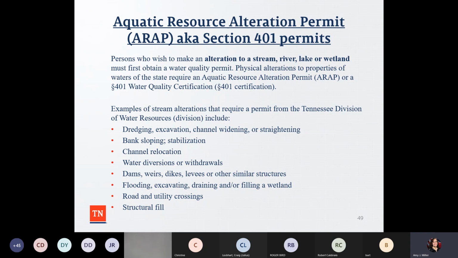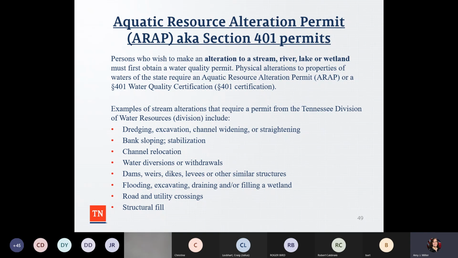So if they're doing any kind of physical alterations to properties of waters of the state, they have to acquire an ARAP permit. And then examples, and this ties in with floodplain management, right? So dredging, excavation, channel widening or straightening, bank sloping, stabilization, if they're relocating a channel, if there's water diversions or withdrawals, if there's dams, weirs, dikes, levees, other similar structures, flooding, excavating, again, floodplain, draining, filling a wetland, road and utility crossings, and structural fill.